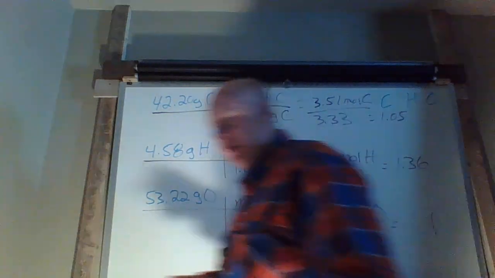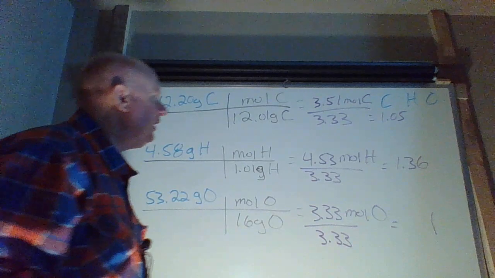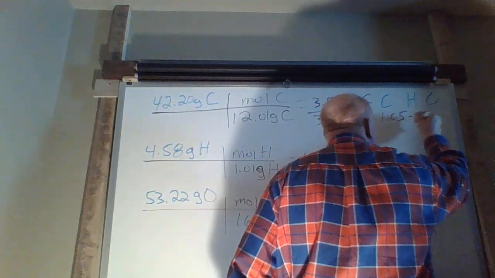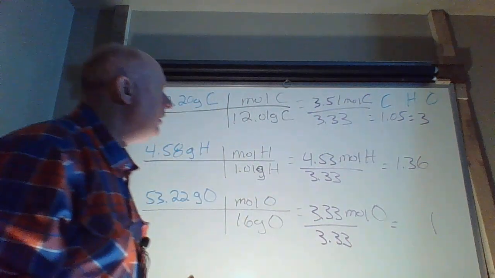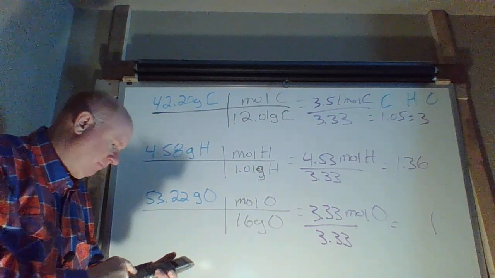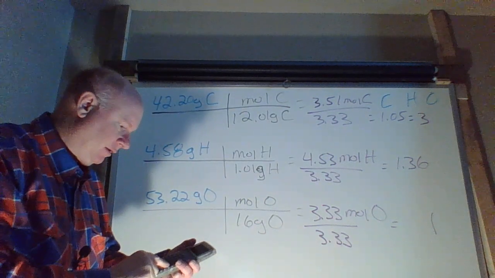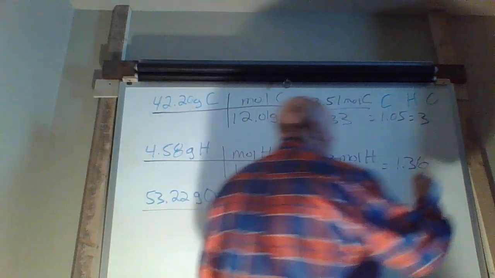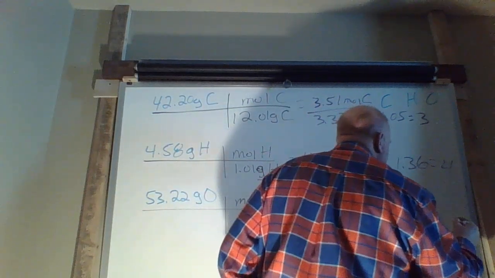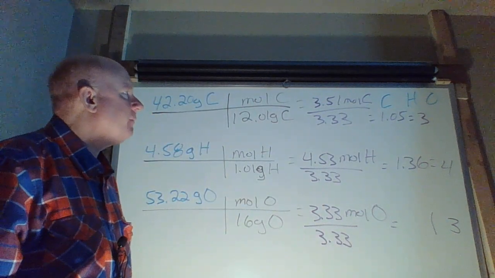So since we have 1 1/3, we go ahead and multiply that by 3. 1.36 times 3, oh, I was way off, that's 4, actually 4.08. And then this would also give us 3. We multiply everything by 3.